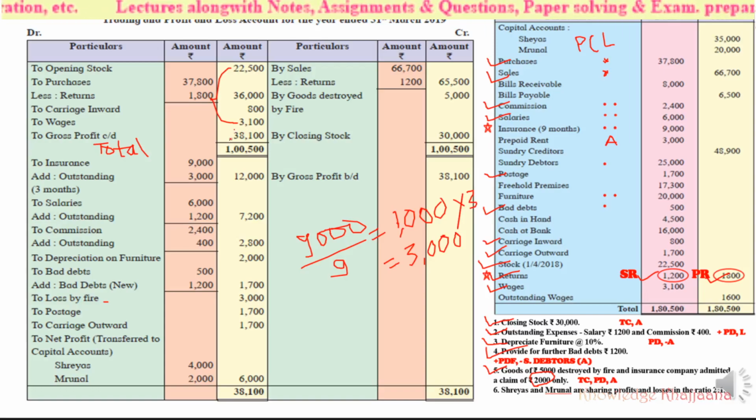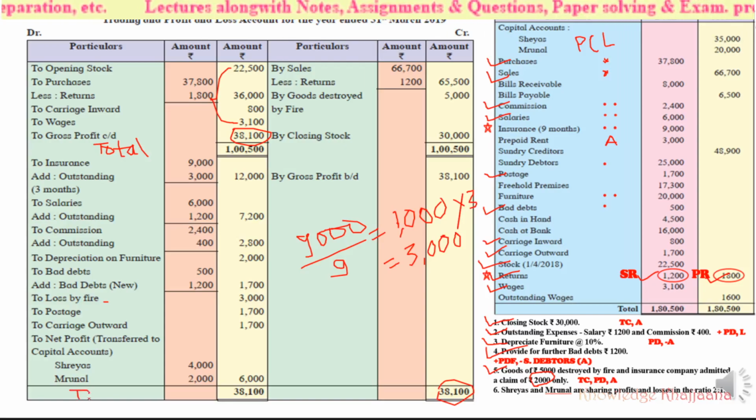So we carry this gross profit 38,100, we will bring it down on the profit and loss account credit side. So there is no other item on the credit side of the profit and loss account. So directly this 38,100 will be the total of the profit and loss account. Okay, total.